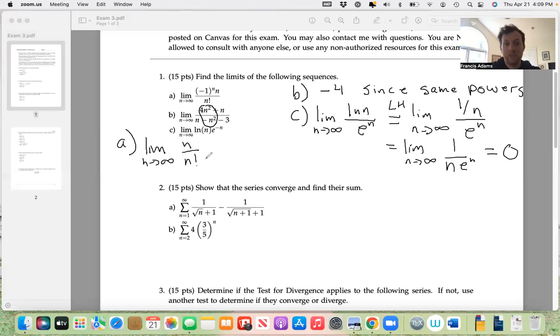So we need to understand what this is doing. And the factorial rules out L'Hopital's rule. This is not something we can differentiate, so we can't use L'Hopital's rule. However, factorials, n factorial is n times n minus 1 factorial.